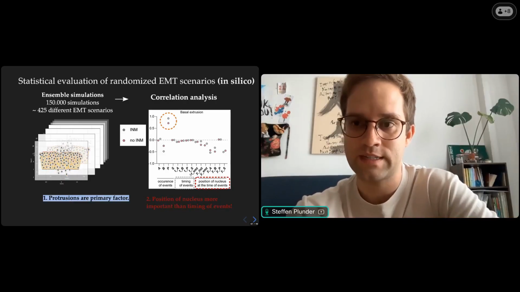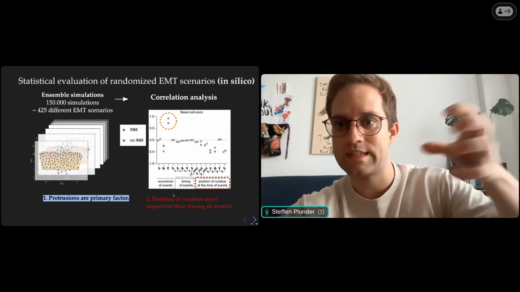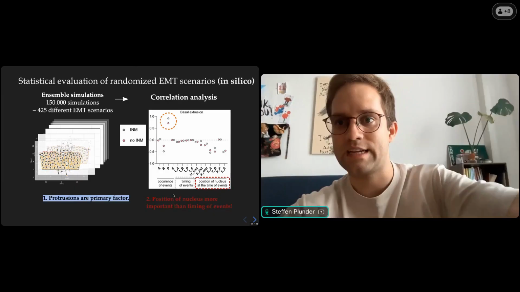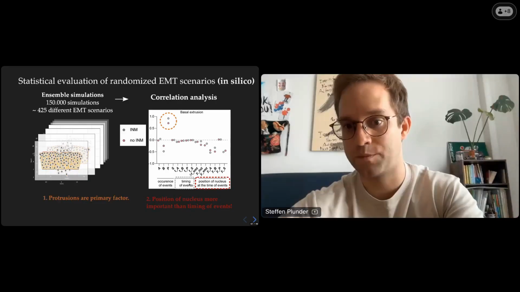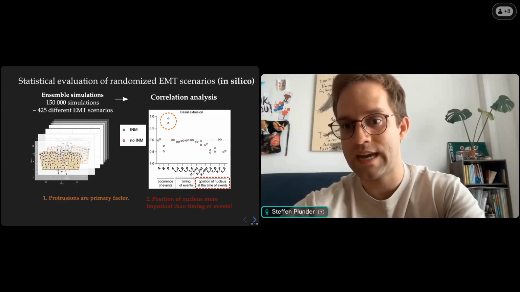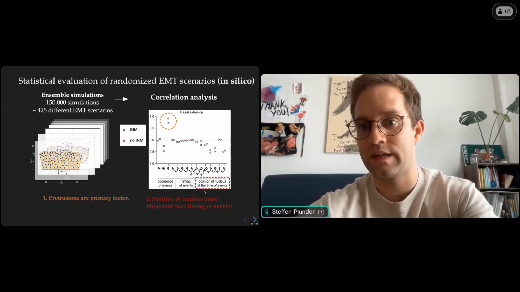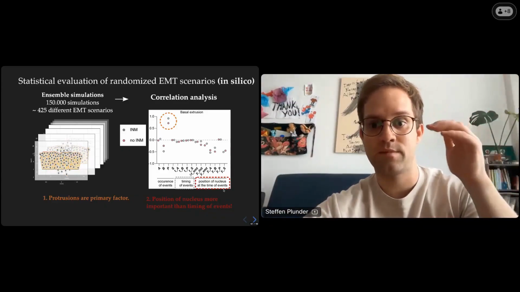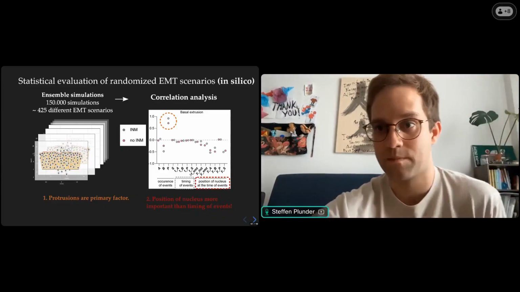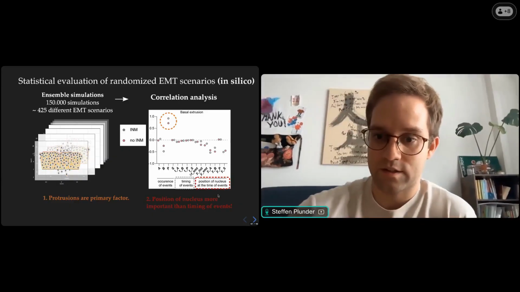That's not a surprise, because protrusions make the cell act, which is different than what biologists assumed. But instead, the position when the event starts is very important. So instead of timing, we should think about timing and position, basically, as the key factors.